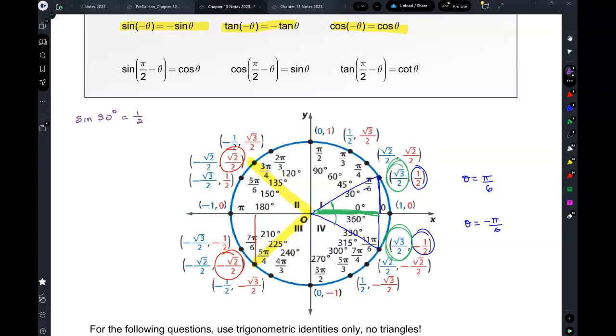Okay. Do you remember from geometry complementary angles? What would be the complement of 30 degrees? 60 degrees. So now, we did the sine before. What's the cosine of 60 degrees? 1/2. Okay, so that's a thing.